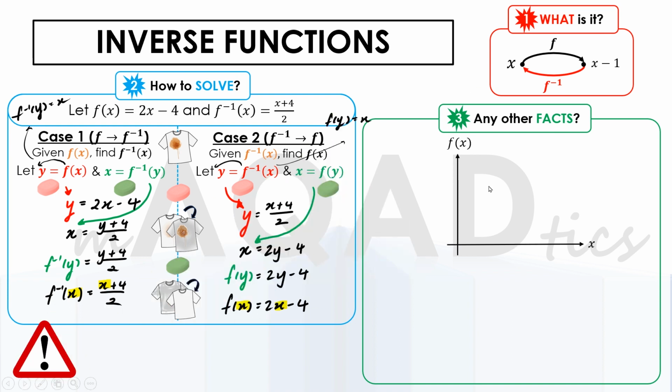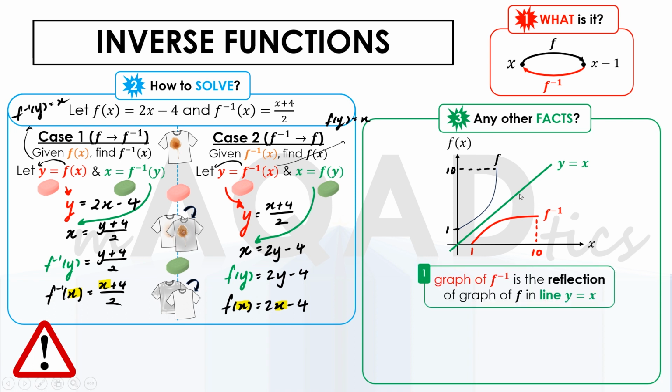Right, so let's say we have this graph f, and it goes from 1 to 10. So let's say we have this line y equals x, and if I use this line as the mirror and draw the image of this f, technically that graph would be the f inverse.